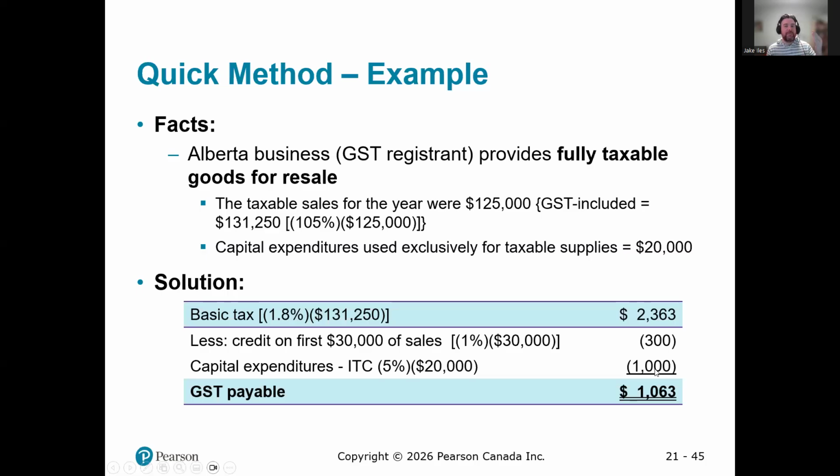So that's being subtracted from what we owe. So the basic quick method calculation says we owe 2,363. Our two adjustments for the credit on the first 30,000 and our additional ITC means we only owe $1,063. That's how much we will pay in HST.